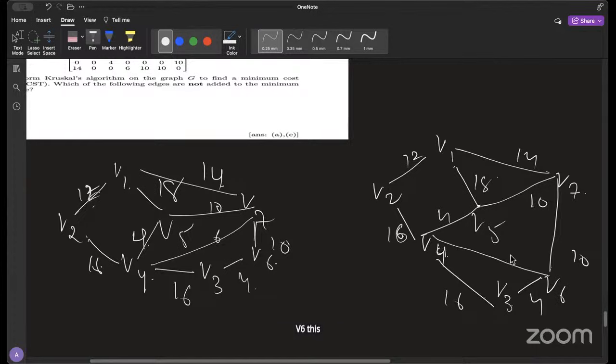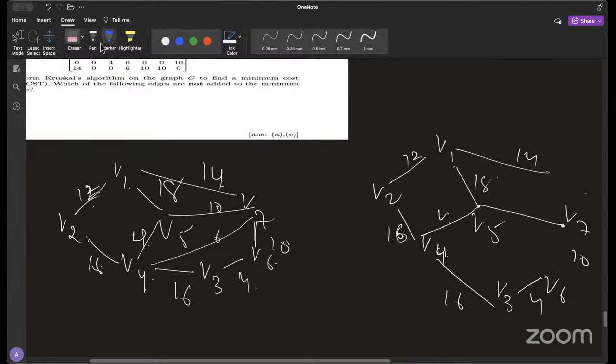And V4 to V7. Let's draw V7 here. We had a 10 here, a 10 here, and then V4 to V7, it's 6. This is here.